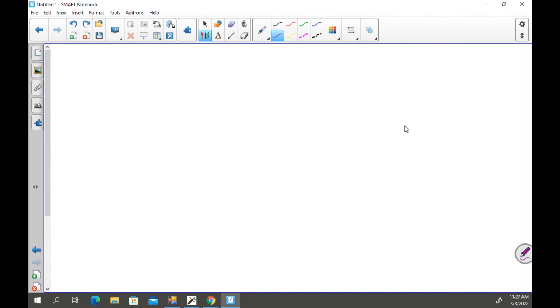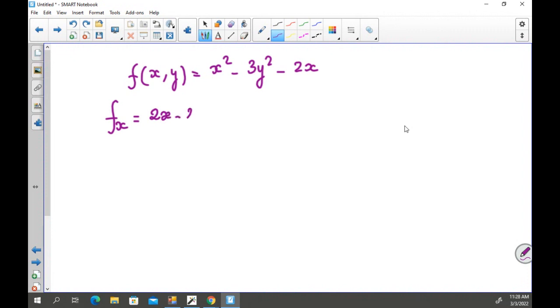Let's see that. First, there are two steps, of course. First, we need to check that it is really a critical point. And then when we know it's a critical point, we classify it using the table. Critical point means the two partial derivatives are equal to 0. So x squared minus 3y squared minus 2x: fx will be 2x minus 2, and this should be 0.